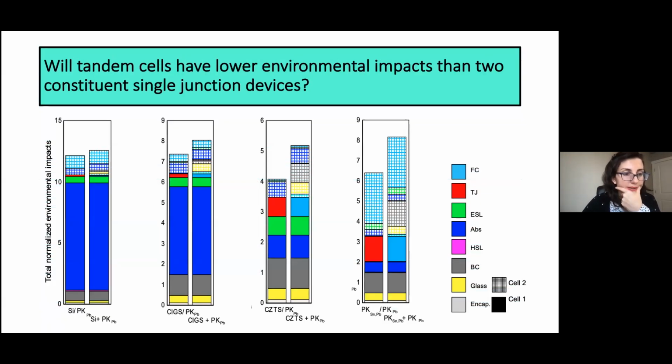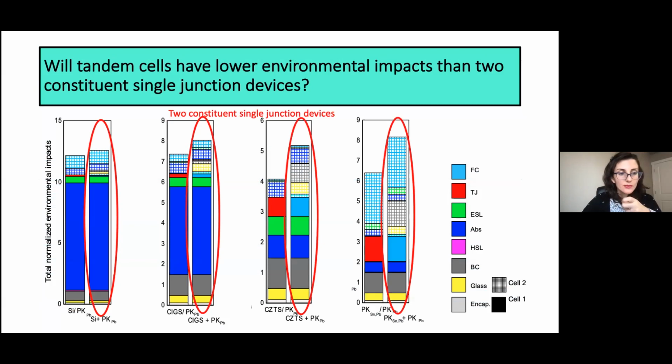So the left side is for the tandems, and the right side of each of these graphs is for the separate single cells. In separate single cells, you have 7% to 30% more environmental impacts. And the main reason here is the additional use of glass. All of these thin film PV technologies are deposited on solar glass.